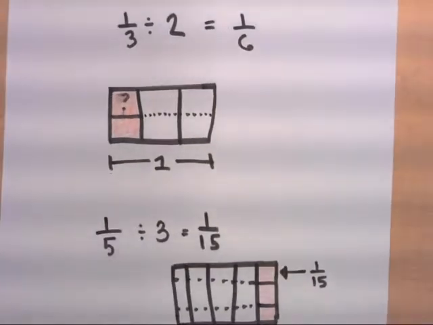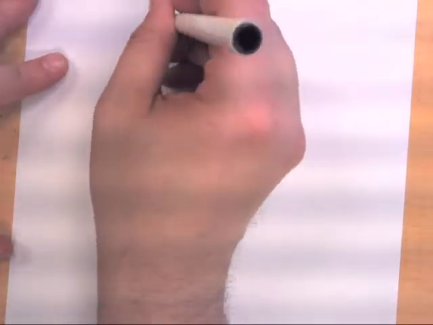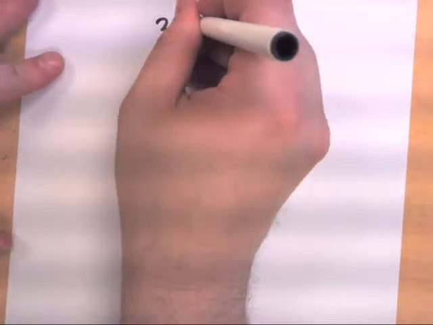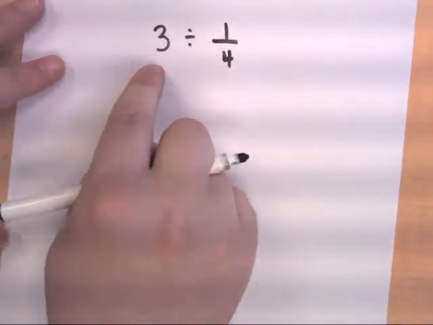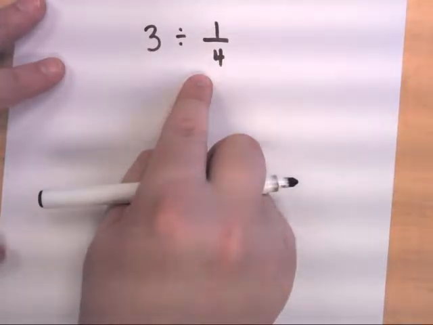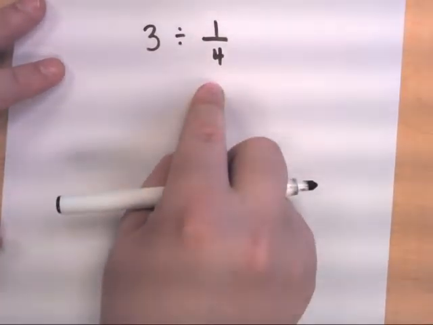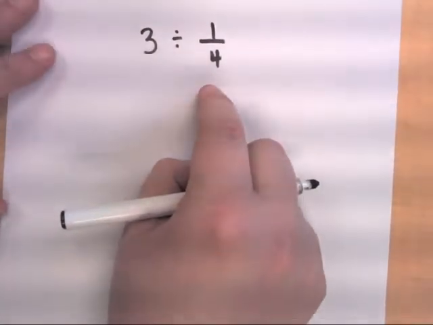So going forward from here, future lessons will focus on solving problems like this. The situation's reversed. Now we're dividing a whole number by a unit fraction. And these types of problems can also be solved quite easily using a diagram.